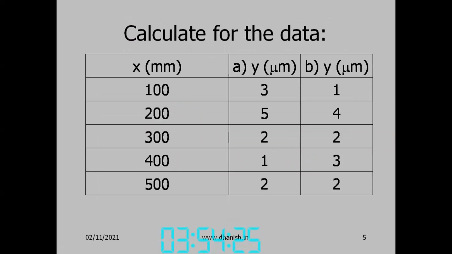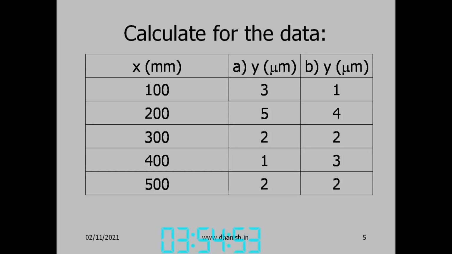Okay, so we'll do some problems. You have to do such problems in the Edu server also. This is the simplest problem. You are given X distances and the deviation is Y. I have two sets of data: one is given as an example, the other is to be done in class. 3, 5, 2, 1, 2 are the deviations measured using some instrument.